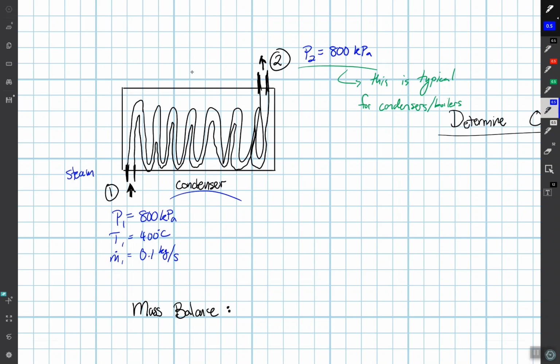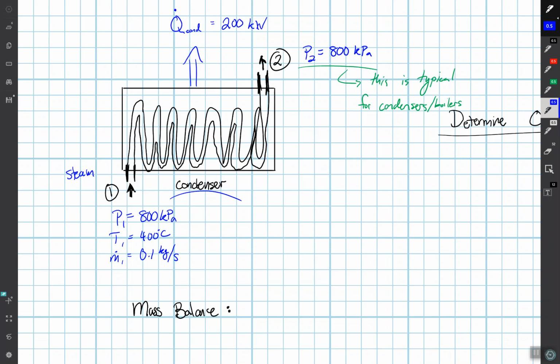And we know something about the amount of heat that's being removed. We'll call that Q dot condenser. So this would be what we call the heat duty, and that's 200 kilowatts.